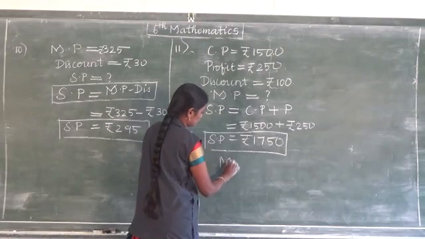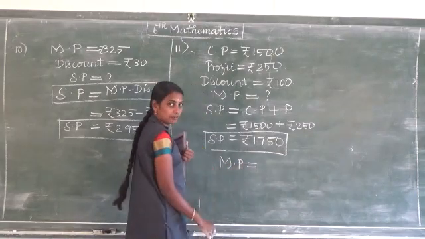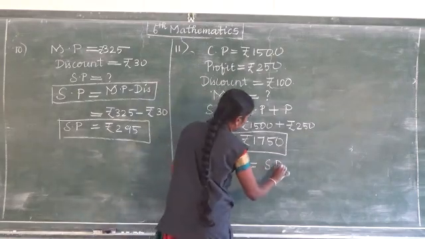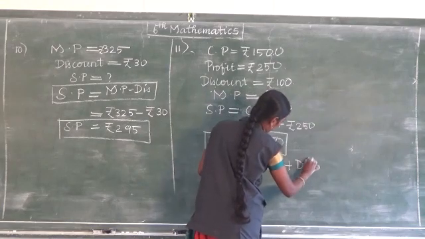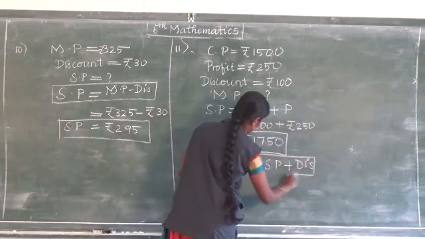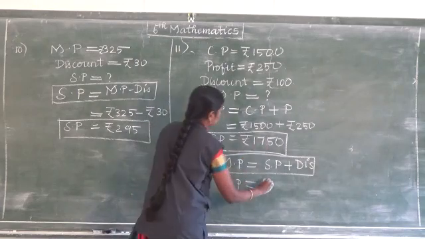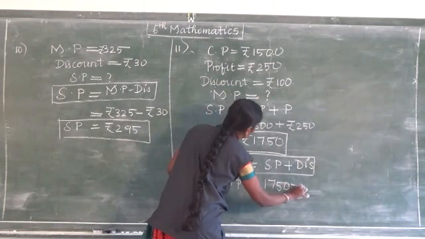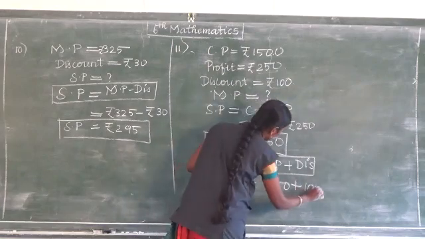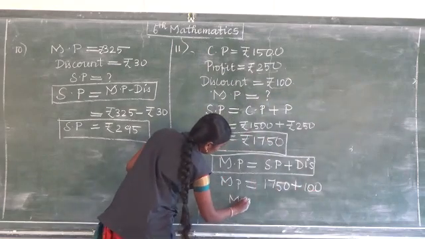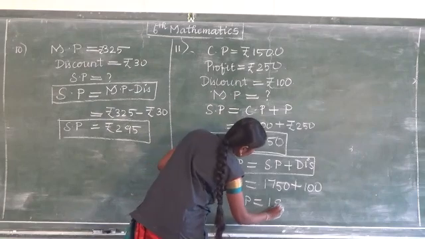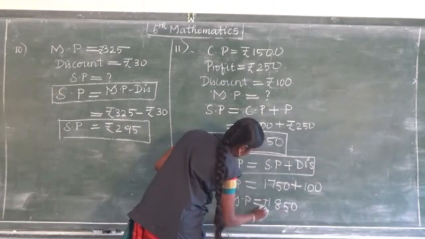Marked price we are going to find out. The marked price formula is selling price plus the discount amount. The selling price is 1750. The discount amount is 100. So the marked price is 1850.